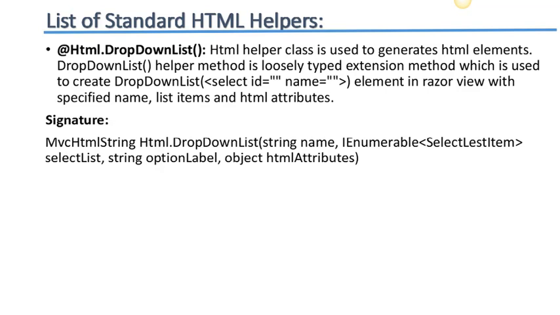Html.DropDownList has a list of parameters. The first one is the name, the second one is the IEnumerable SelectListItem select list, then a string as an option label and an object as the HTML attribute.